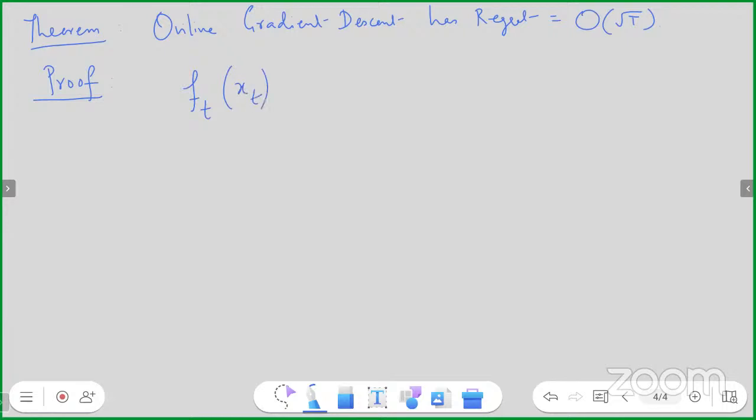So xt will be the actions taken by online gradient descent, and x star will be a static optimal. So just by using the convexity of ft, what can you bound this quantity by? The most basic definition of convexity. This is less than or equal to the gradient of ft at what? At xt minus x star. What should the argument be? X star? Really? Or xt?